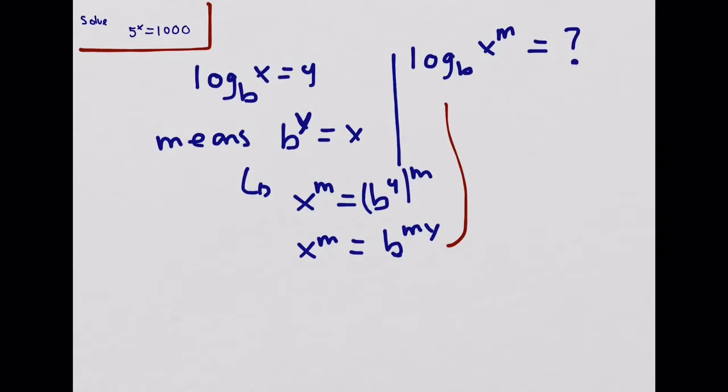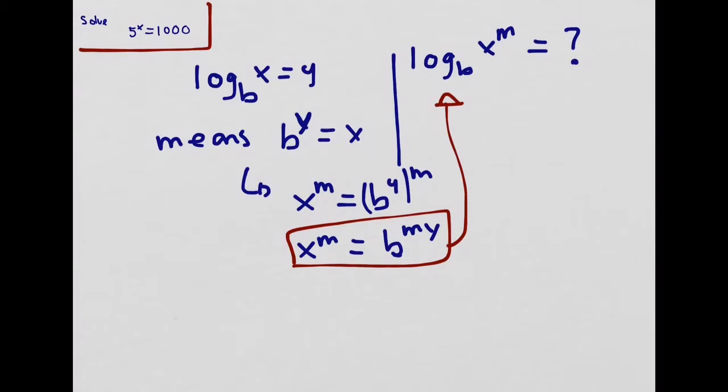To solve this question, I need to know what power I need to raise the base b to, to get x to the m. I just found it. It's right here. The power is my. So using this little fact that I just figured out, my answer is my.